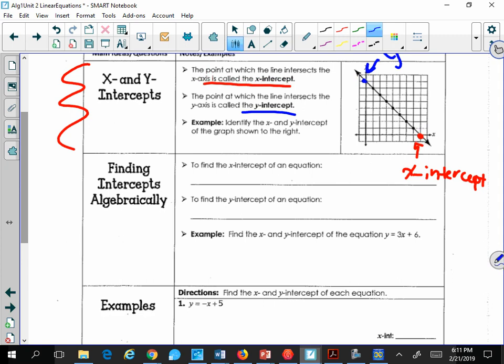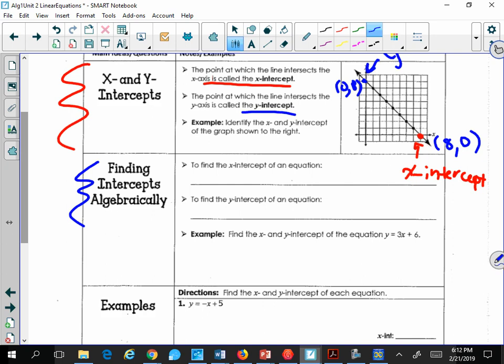So my coordinates here are 1, 2, 3, 4, 5, 6, 7, 8, so 8, 0. That's what my x-intercept is. My y-intercept, on the other hand, is 0, and then 2, 4, 6, 8. And that's going to lead us to how we're going to find intercepts algebraically.